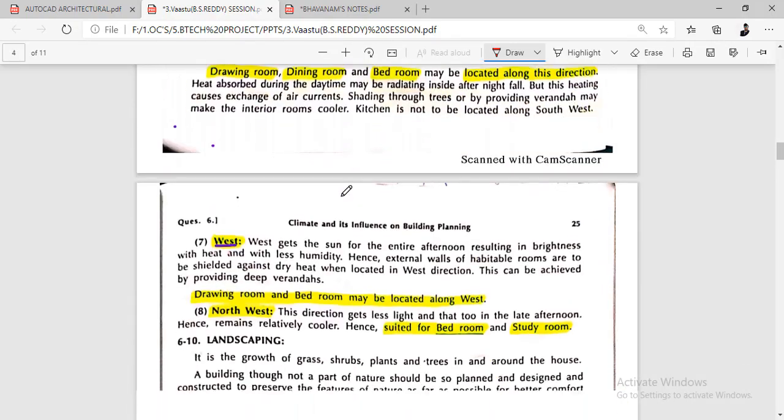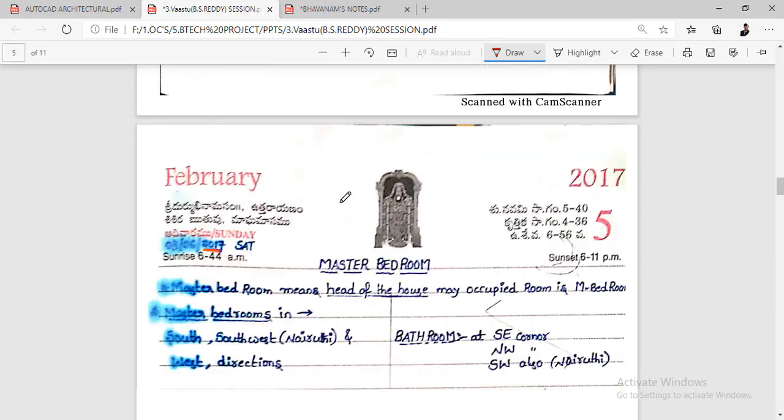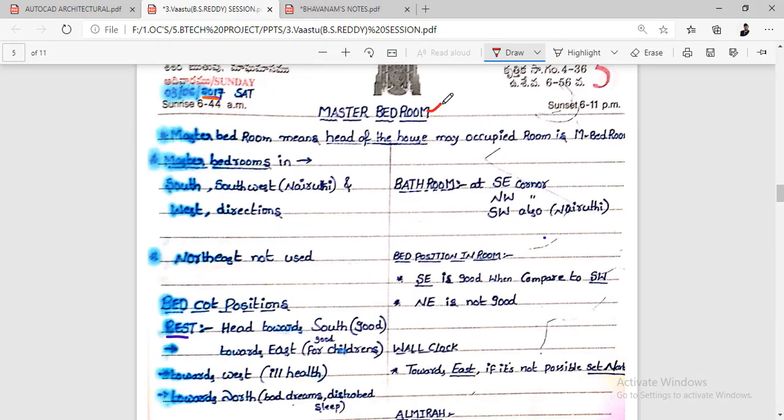Let us discuss vastu shastra now. So, the master bedroom. The master bedroom means the head of the house may occupy that room.